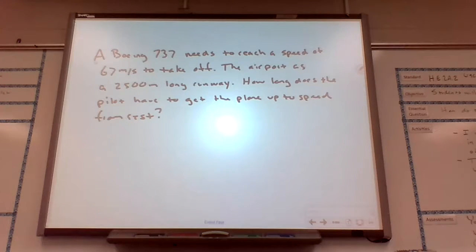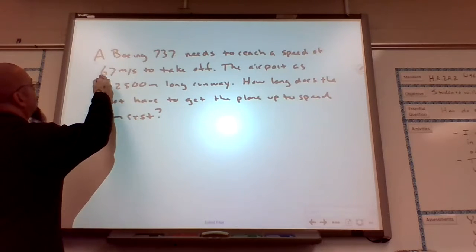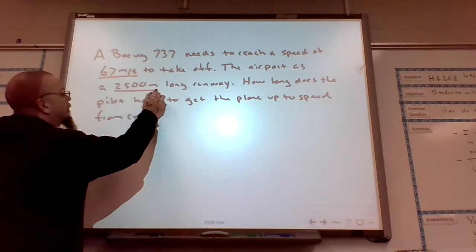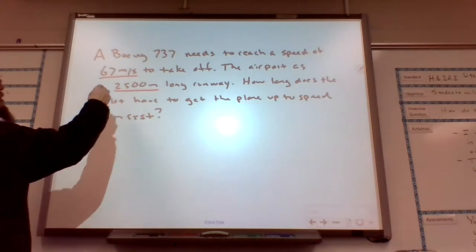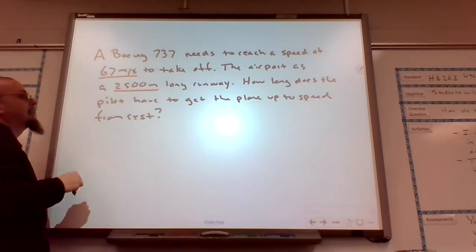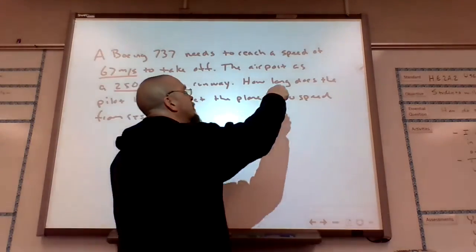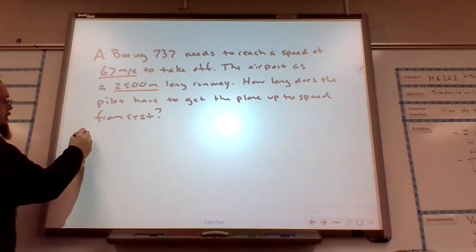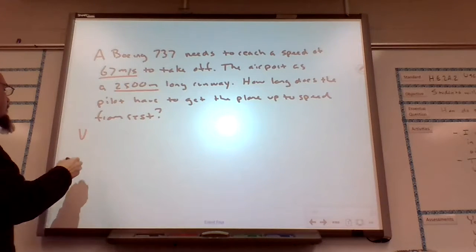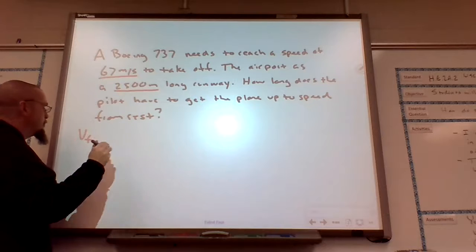So let's take a look at the numbers we have, always where we start, trying to figure out what these numbers are. 67 meters per second, that's a speed or velocity unit. And it even says it in the question, speed of. Again, we use the word speed and velocity interchangeably because it's straight line motion.